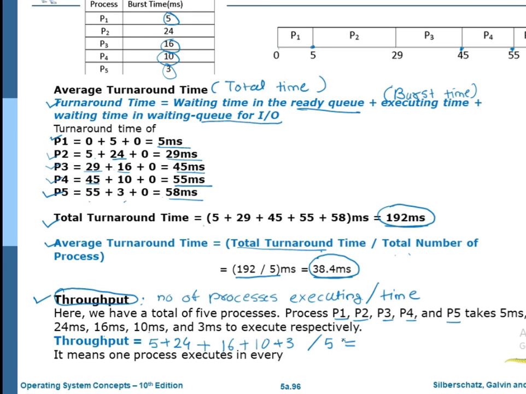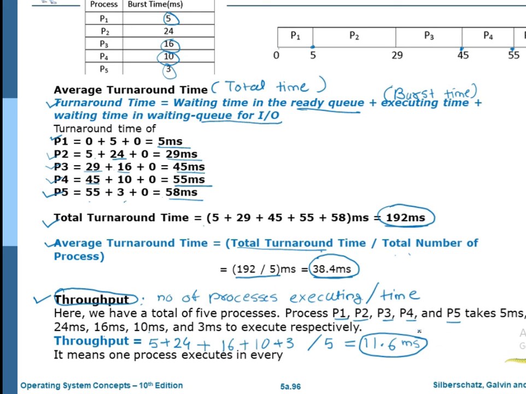After calculating it, our throughput will be 11.6 milliseconds. What is the meaning of this? It means that every process takes 11.6 milliseconds to run. So one process executes in every 11.6 milliseconds.